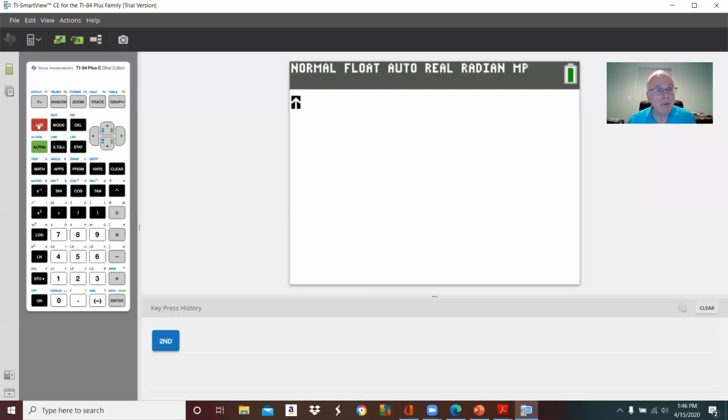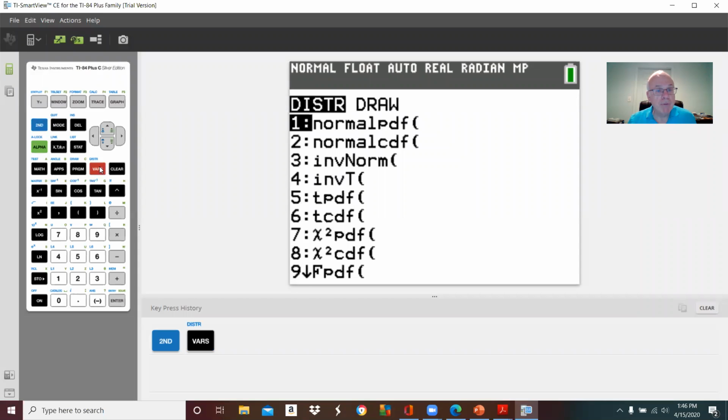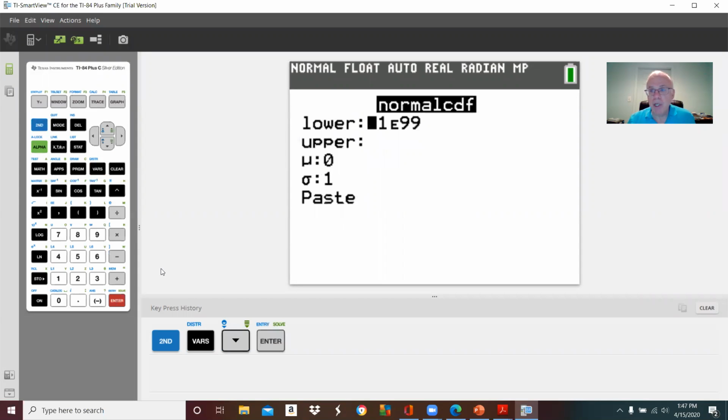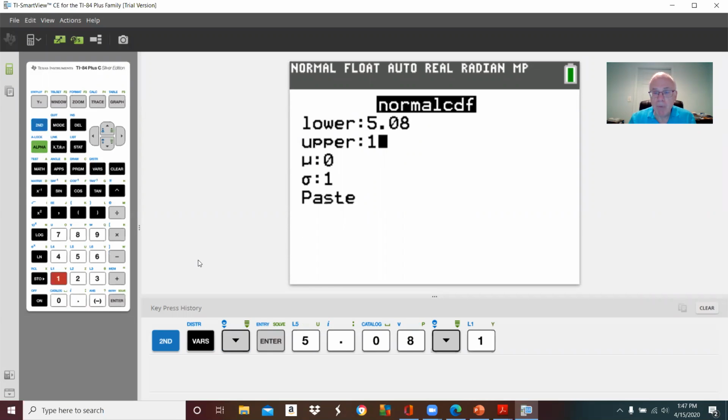To do that, we're going to use normal CDF. Always use normal CDF when we want to find a probability using a normal curve. This is going to be the probability that z is greater than 5.08, so we'll put 5.08 as our lower bound. Upper bound, we'll use a large number like 1,000. The mean is 0, standard deviation of 1 for a standard normal curve. We hit enter.